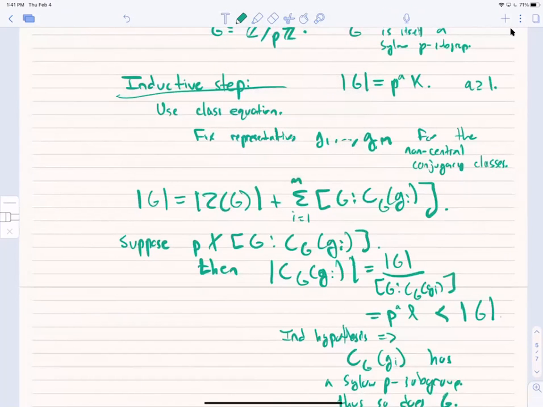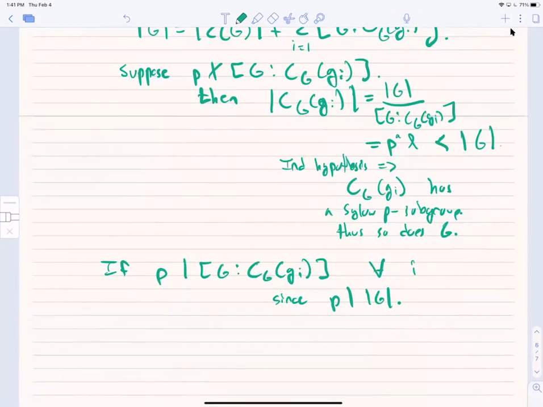Of course, if P doesn't divide the order of the group at all, then there's a Sylow P subgroup, which is the trivial group. So let me assume A is greater than 1 here.